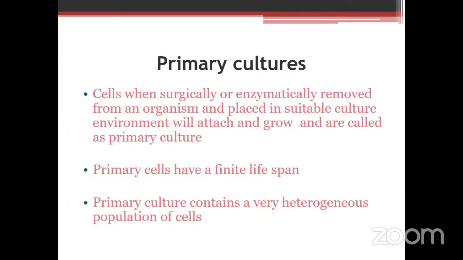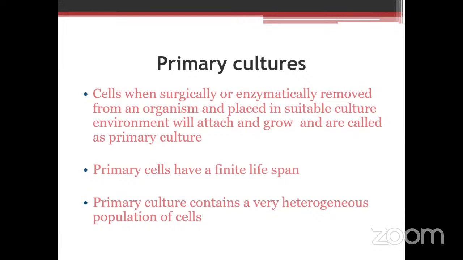So what are primary cultures? Cells surgically or enzymatically removed from an organism and placed in a suitable culture environment, which then attach and grow, are called primary cultures. They have a finite lifespan. They cannot be indefinite. And they contain a very heterogeneous population of cells. You cannot just isolate one type.